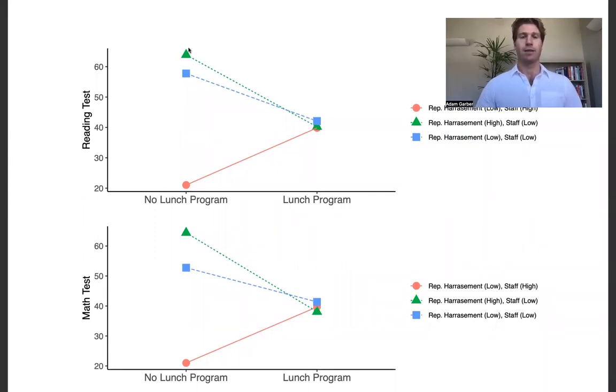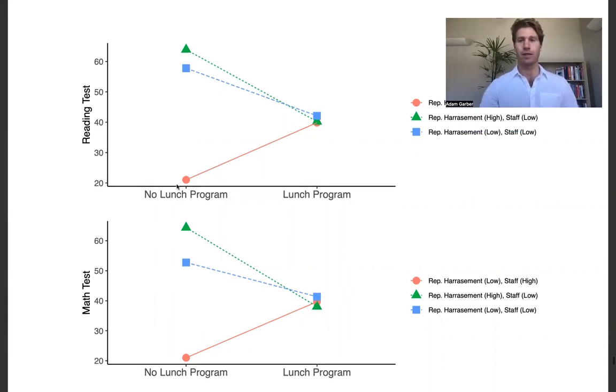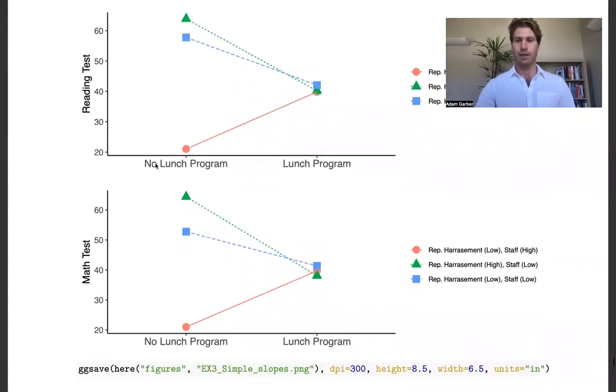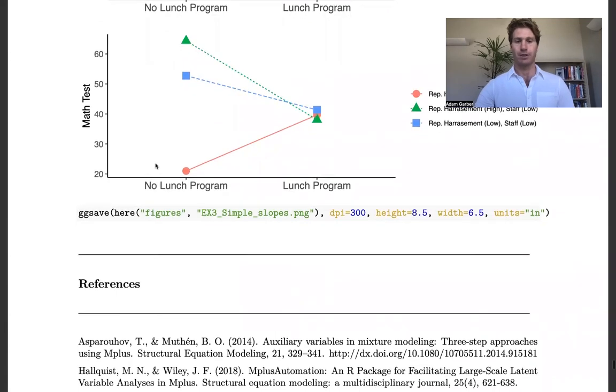So these, I would guess, are schools that are higher SES schools that are performing well without a lunch program because it's not needed. And then these are schools which may not have the resources needed or infrastructure for a lunch program. And these schools are performing much lower.